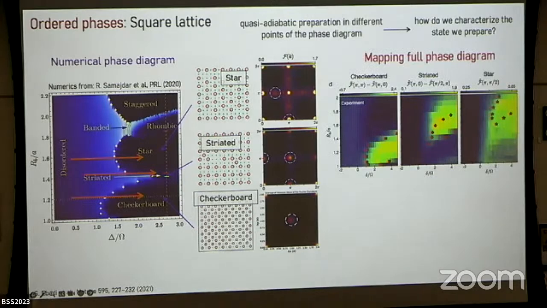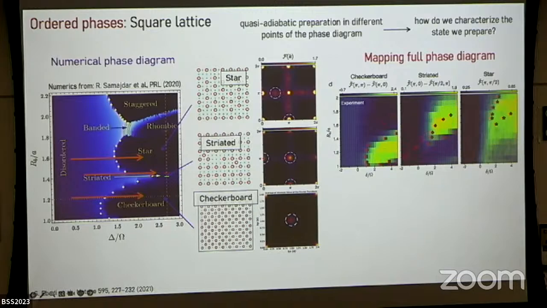At this point, we can map the full phase diagram defining these order parameters for these three phases, for example. In the checkerboard, we just measure the difference between the peak at pi, pi minus the peak at pi, 0. For the striated, we find another expression, and for the star and so on. So you just define what are the Fourier transform peaks that you care about, and you can reconstruct these lobes, but for the experimental data.